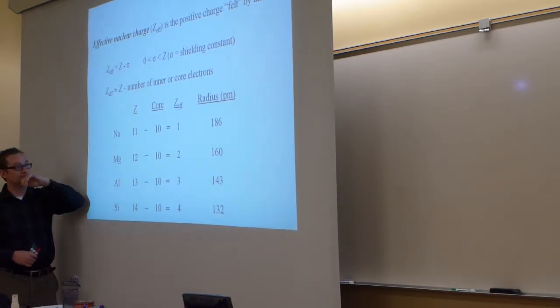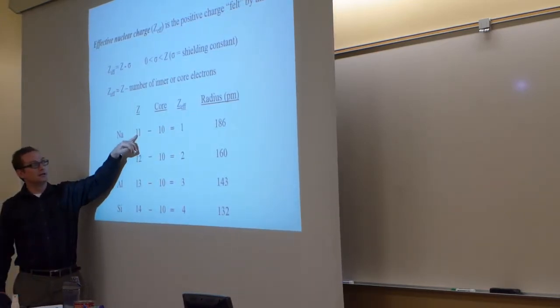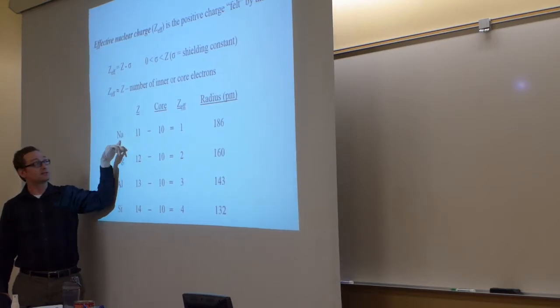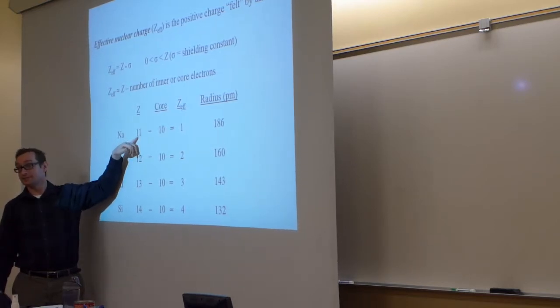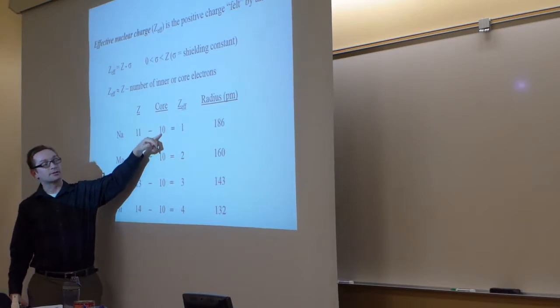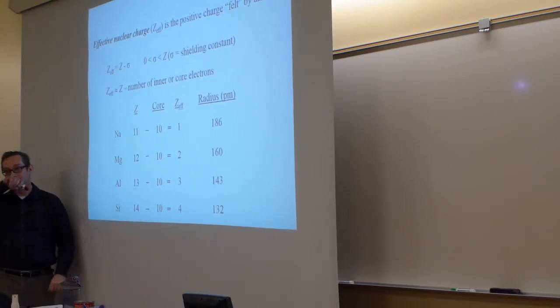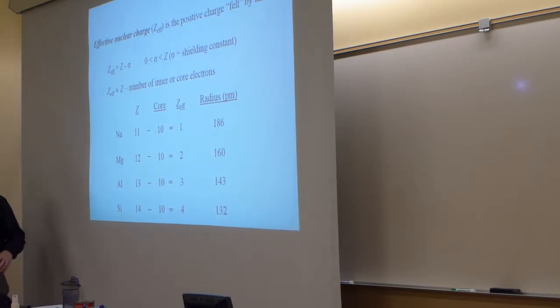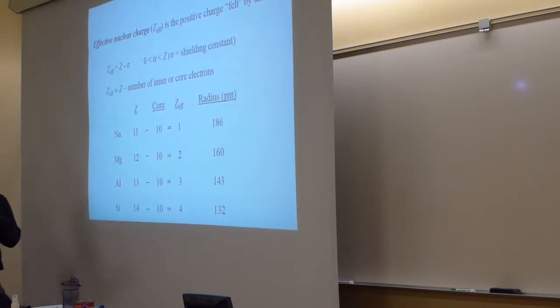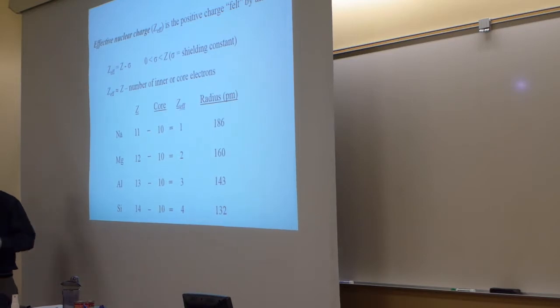So we have sodium. Atomic number is 11. So how many protons are in sodium? We have 11. How many core electrons are in sodium? I have here 10. Why is it 10? If you think about the electron configuration of sodium, it's 1s2, 2s2, 2p6, 3s1.